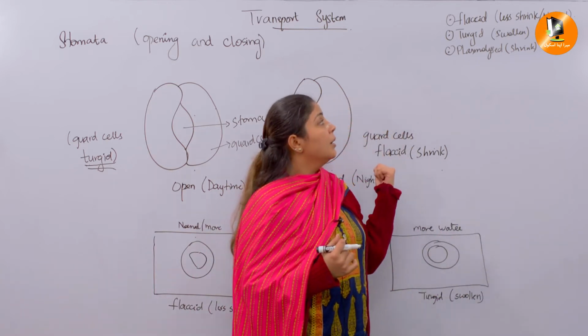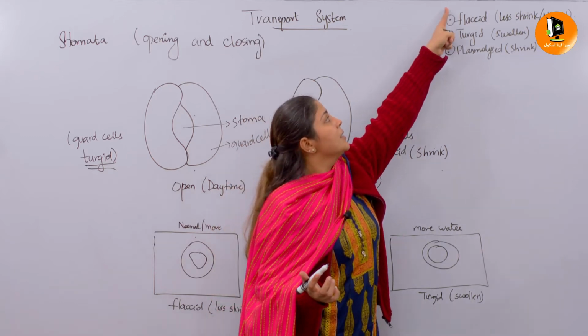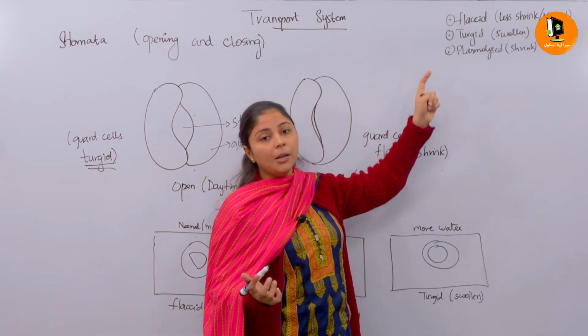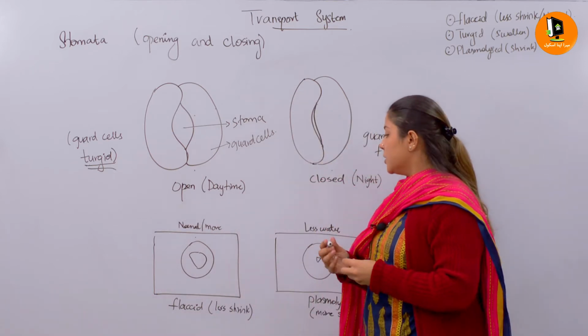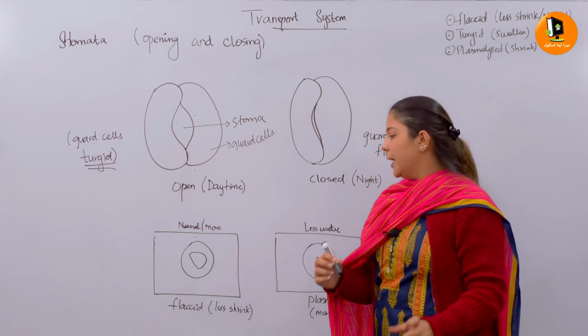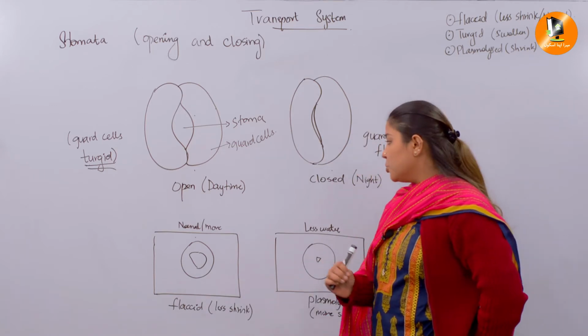I told you in our first or second video that you should please understand these three terms, because they will help you understand the concept of transport in plants, right? For your further help, I have drawn the three diagrams here.